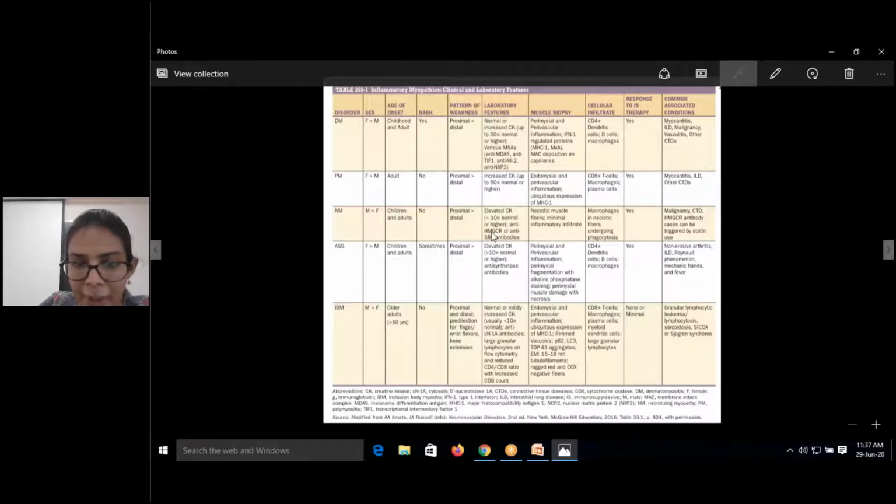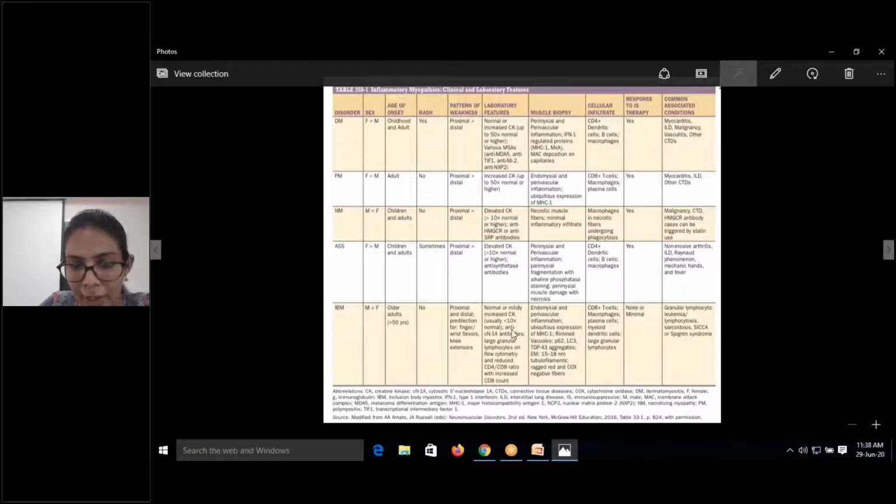Coming to necrotizing myopathy, you can have HMG-CoA reductase antibodies or anti-SRP antibodies. Why is it important? If SRP antibodies are present, there is some cardiac involvement. Then in antisynthetase syndrome, these are antisynthetase antibodies.